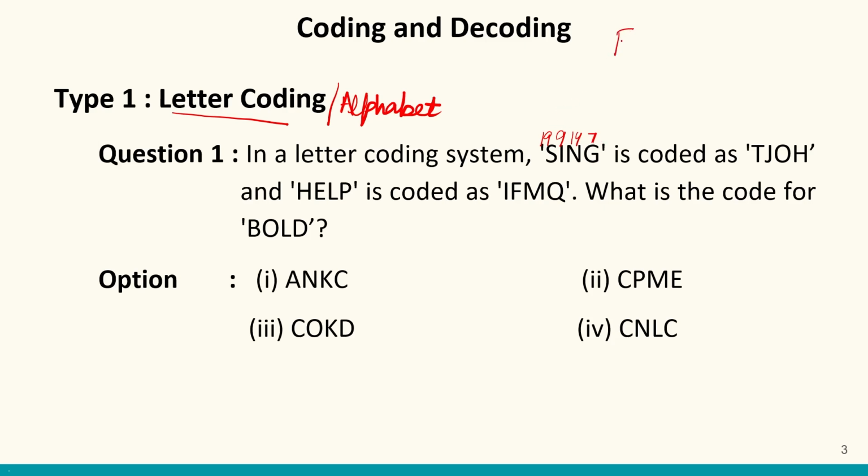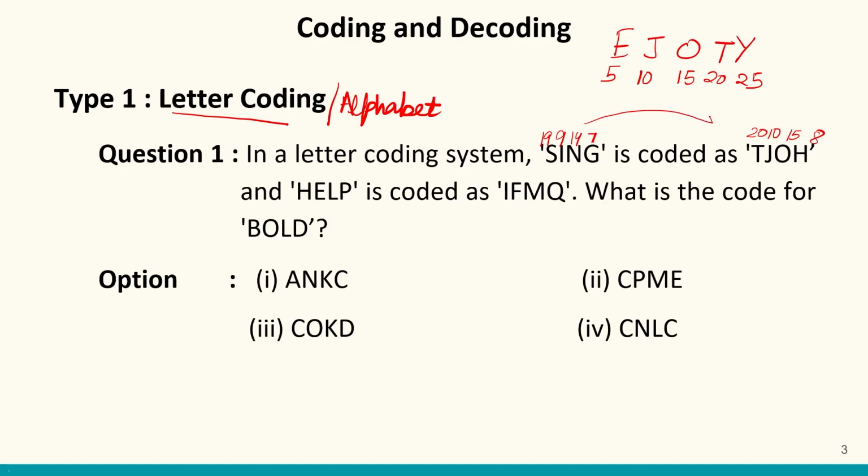There is also a shortcut that we discussed multiple times called EJOTI, which can be used to remember forward ranks. Similarly, for T the forward rank is 20, for J the forward rank is 10, for O the forward rank is 15, and for H the forward rank is 8.